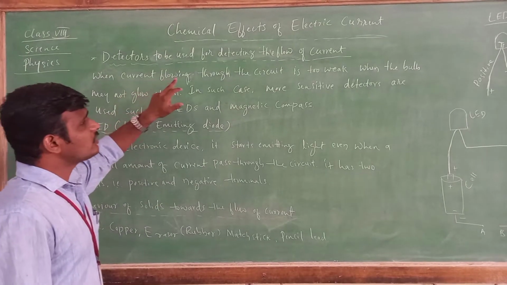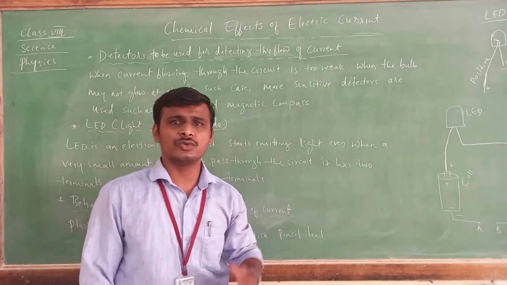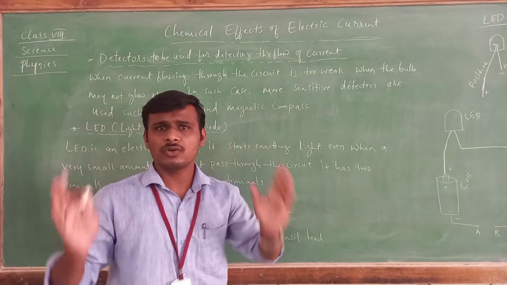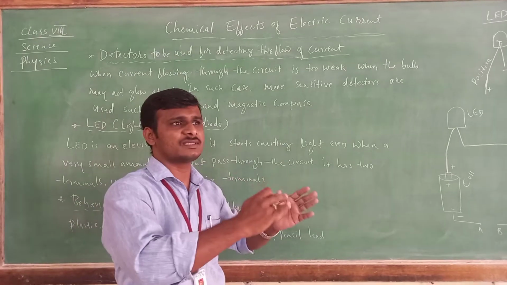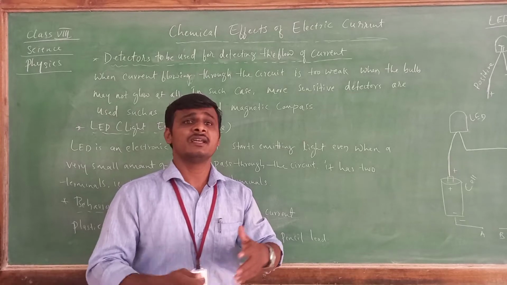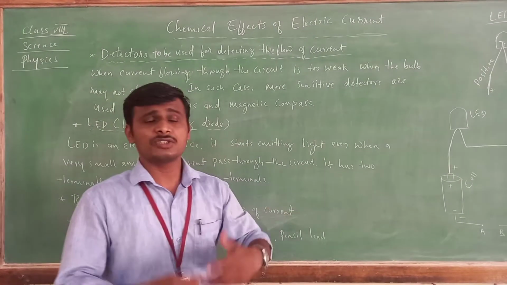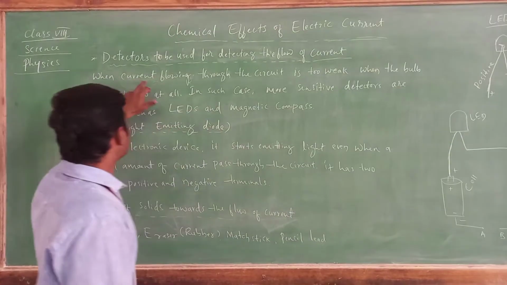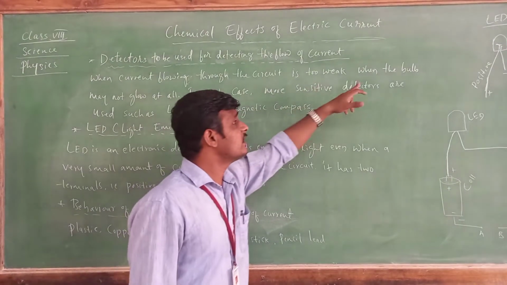When the current flowing through the circuit is too weak, what happens?